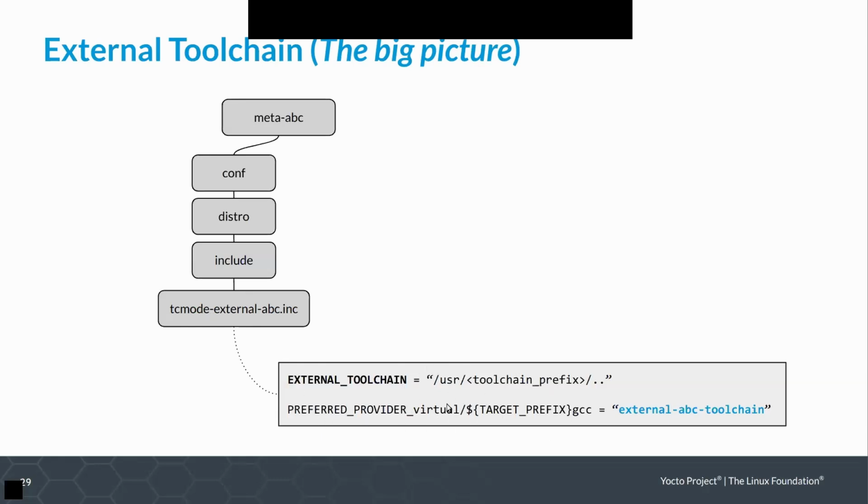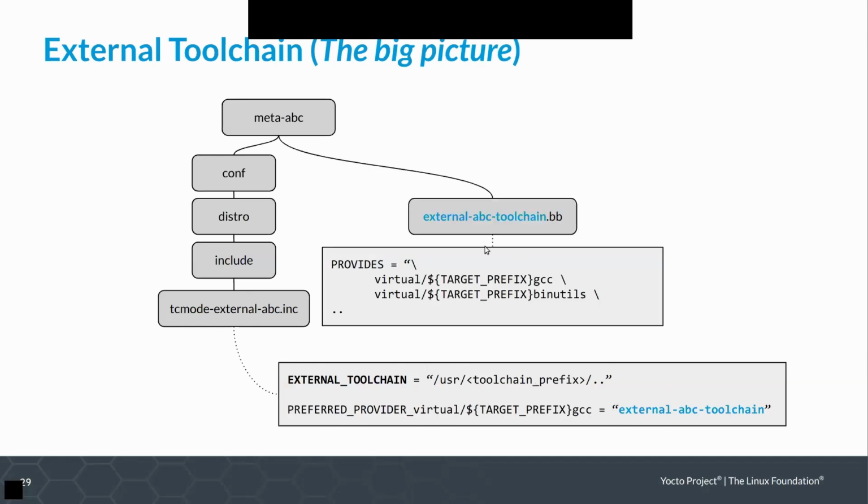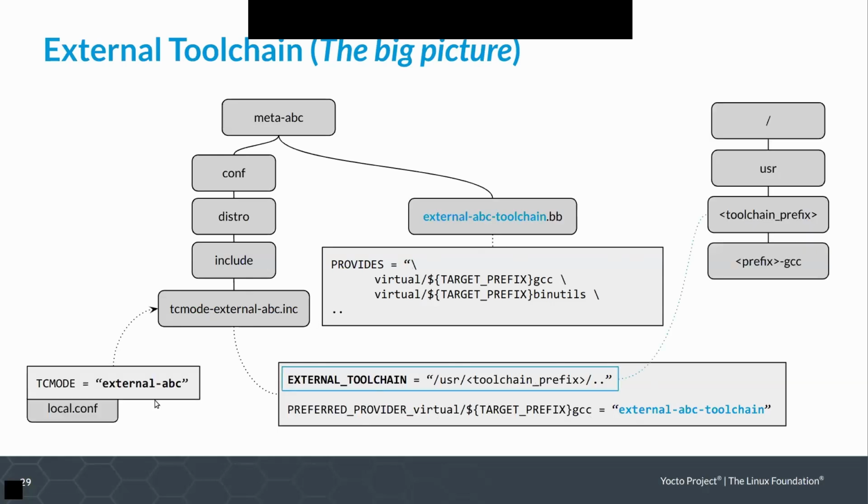Now the preferred provider for GCC is our external ABC toolchain, which is a recipe that provides everything. We need one recipe that provides GCC, binutils, and all other utilities that define the toolchain. And in our local.conf, or any other configuration file, we set the TC mode to external-abc.